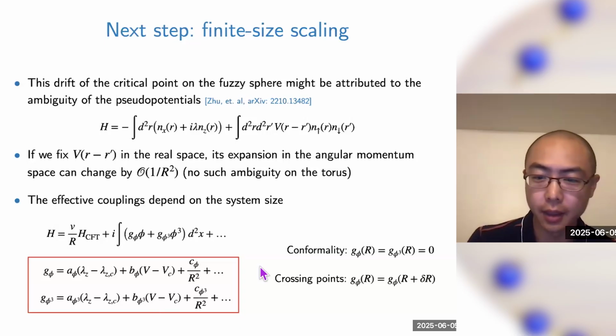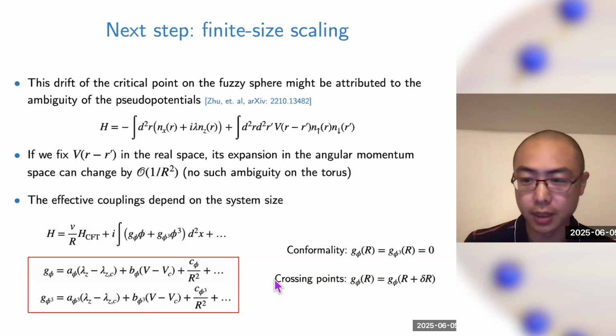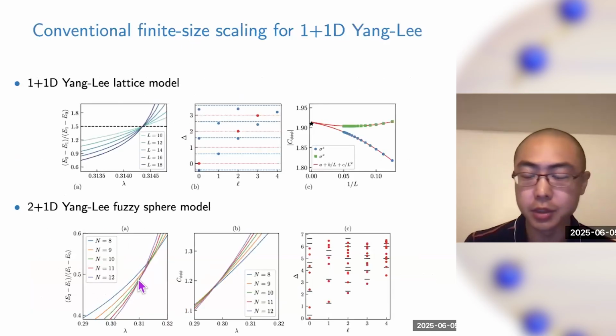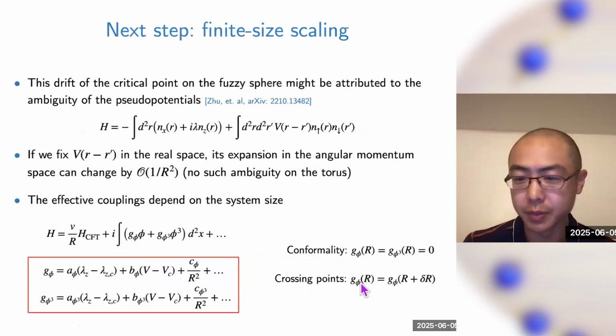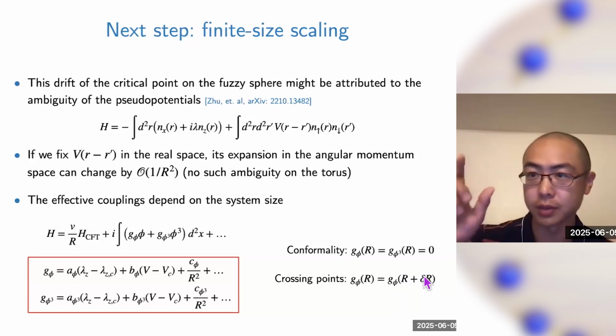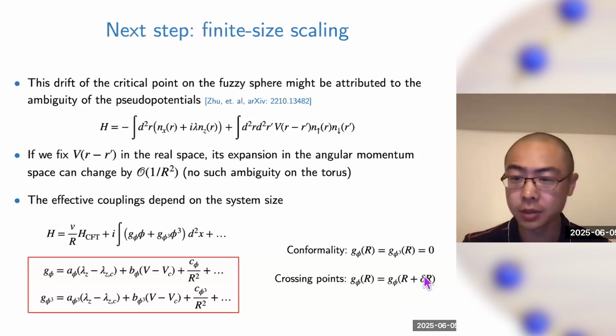And then it's kind of clear that the crossing point of this dimensionless quantity roughly corresponds to G phi at R equals G phi at R plus delta R, like increasing the system size a little bit.